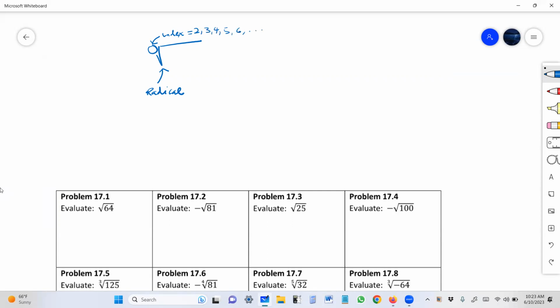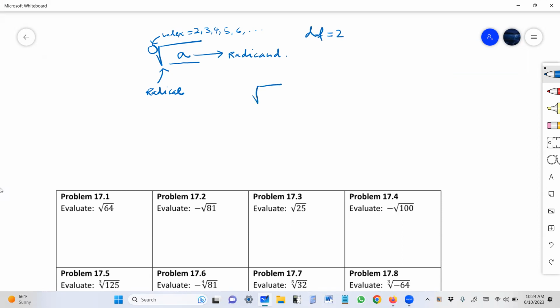And then there is either a number, I'm going to call it A here, or a variable inside of the radical symbol, and that is called the radicand. Whenever you don't see a number for the index, the default is 2.